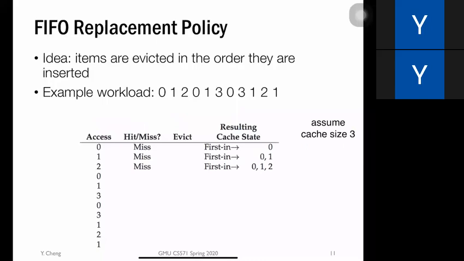The first three, 0, 1, 2. Okay, assuming the cache starts off with an empty state, that means the very first few cache memory accesses are always cache misses. Why? This is because the cache starts off empty. These are also called compulsory misses.